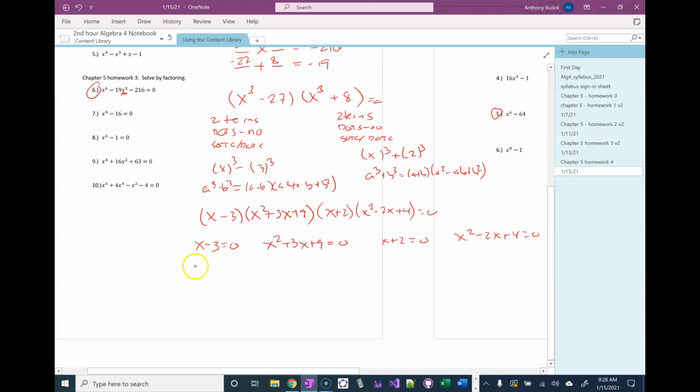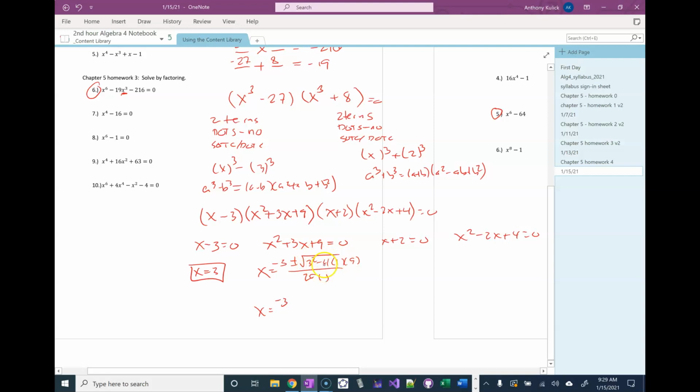So x minus 3, we'll just add 3 to both sides. x squared plus 3x plus 9, we have to use the quadratic formula on. So I have x equals negative 3 plus or minus the square root of 3 squared minus 4 times 1 times 9, all over 2 times 1.